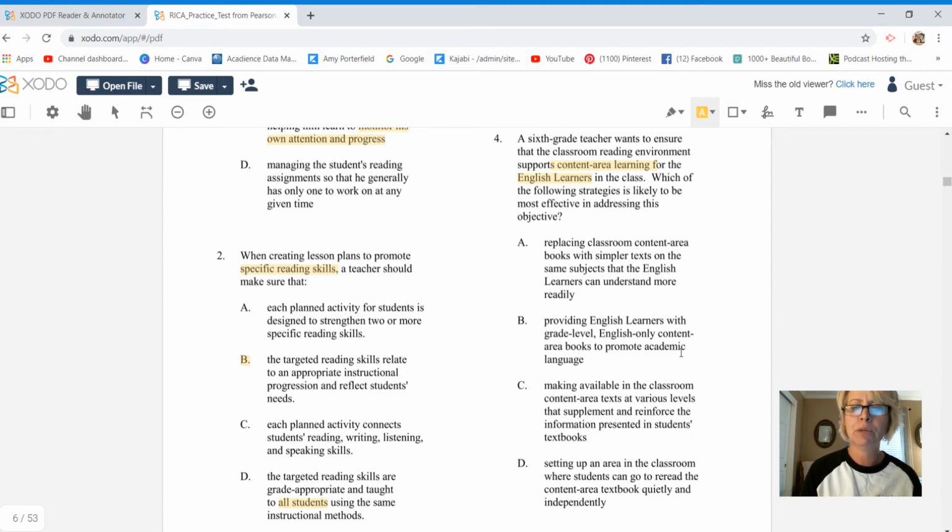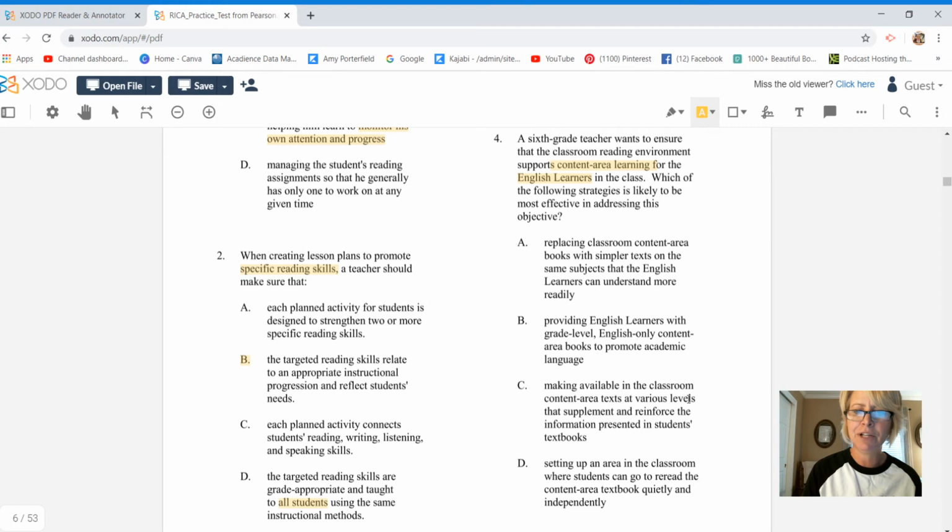We definitely want to promote academic language, but a couple of concerning red flags. The fact that we're going to just give them grade level text. As we know, our classes are not full of students that are all reading on level. So I'm leaning toward a no here.